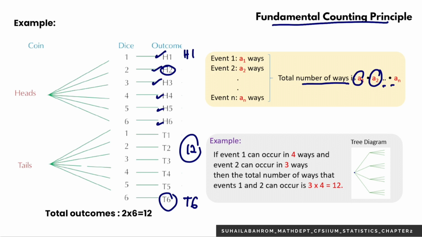For each number of ways, we multiply. Therefore, in this case, when you toss a coin, the possible outcomes are 2, and when we roll a dice, the possible outcomes are 6. Therefore, the total number of outcomes is 12.